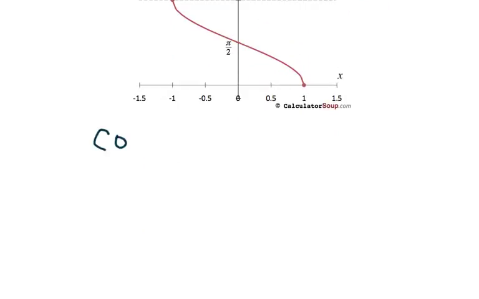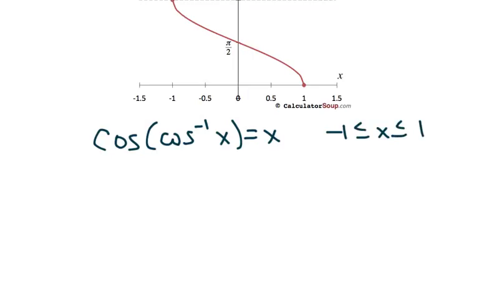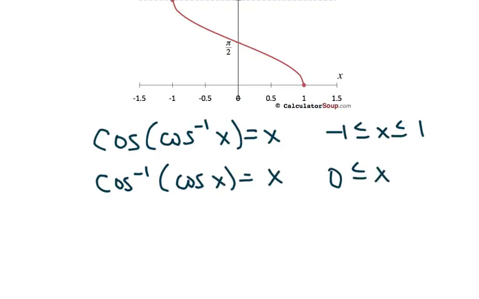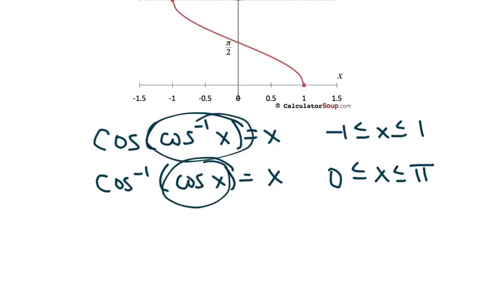The cancellation properties are the cosine of the inverse cosine of x is equal to x if it's on this domain. And then the inverse cosine of the cosine of x is equal to x if it's on this domain. And it has to do with what the input is.